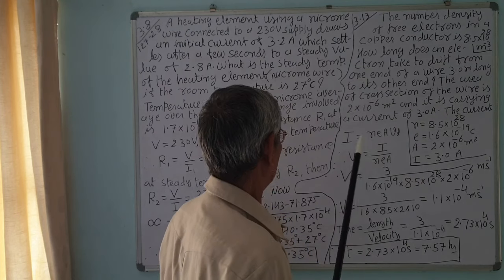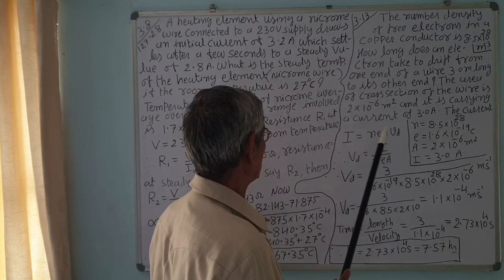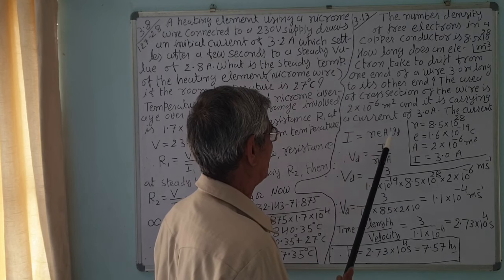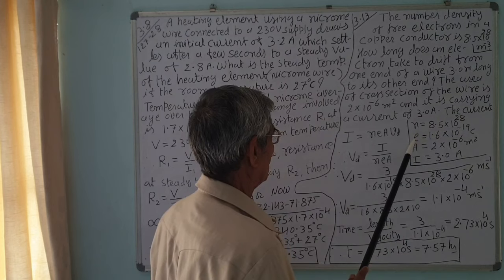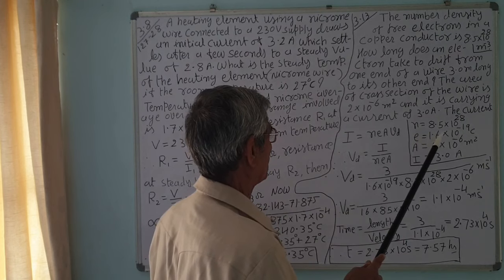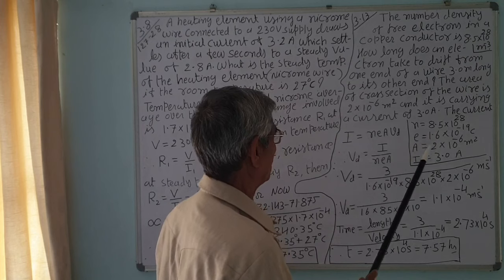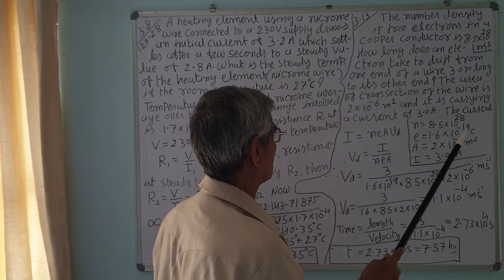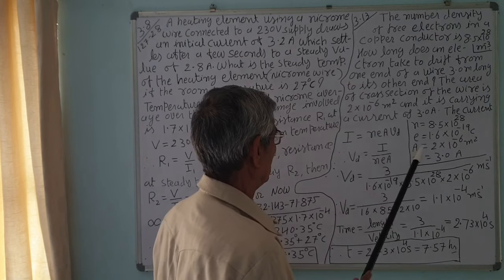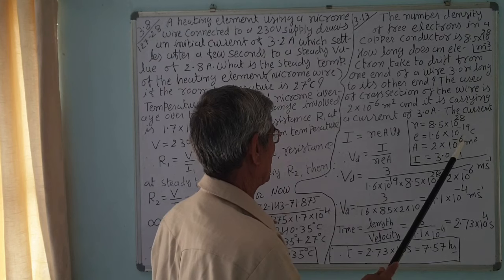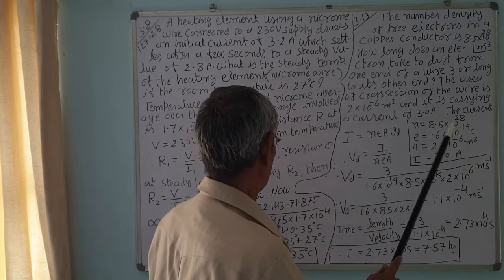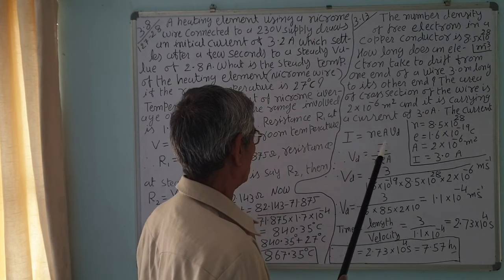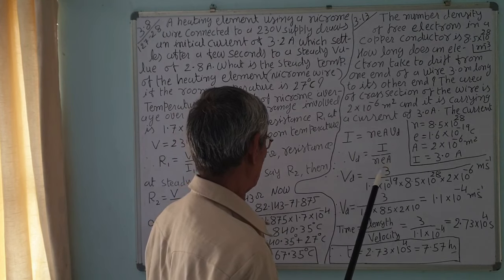We know that the current I is connected with the drift velocity by the equation I is equal to nеAvd. n is 8.5 × 10^28. Electron charge is 1.6 × 10^-19 coulomb. Area of cross section is 2 × 10^-6 meter square and the current I flowing through the wire is 3 ampere. Therefore, vd is equal to I upon neA.